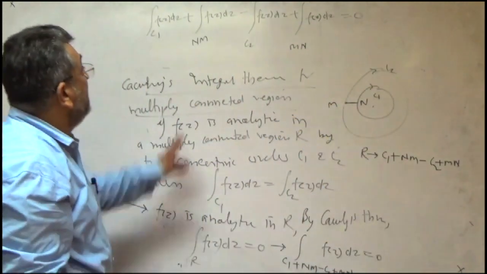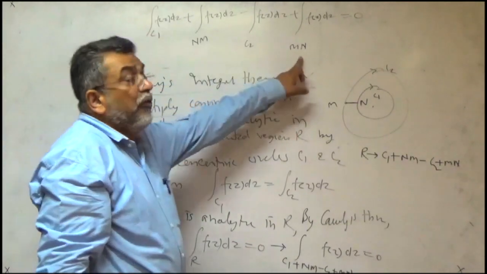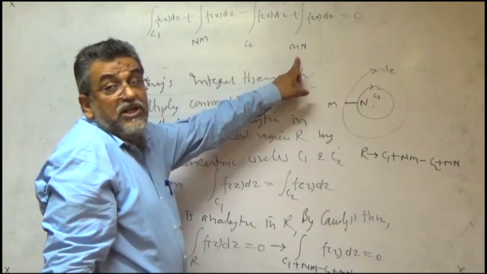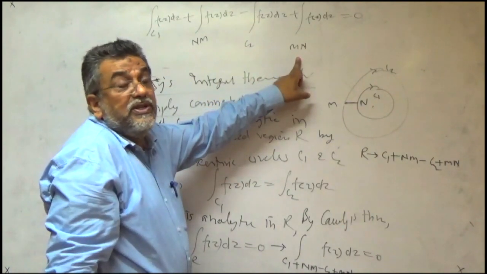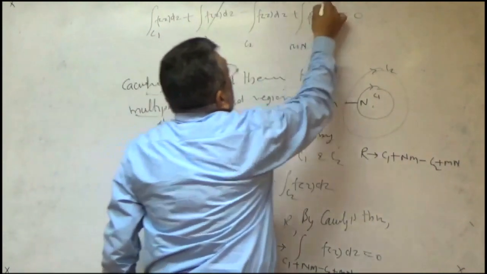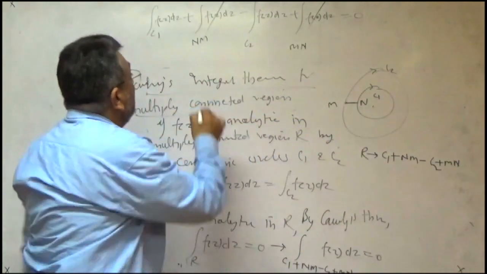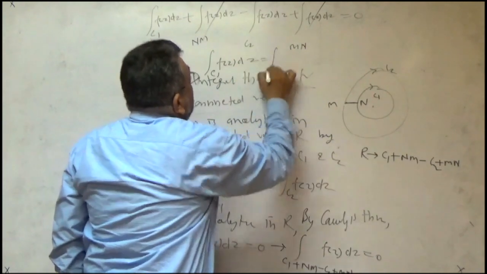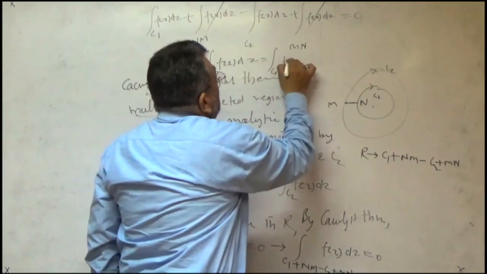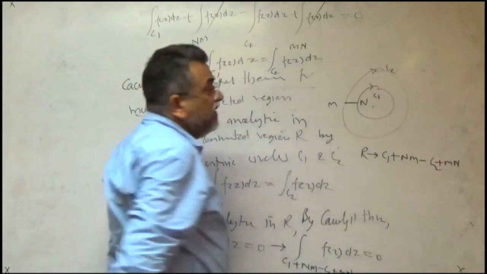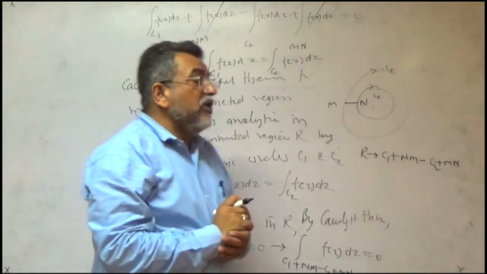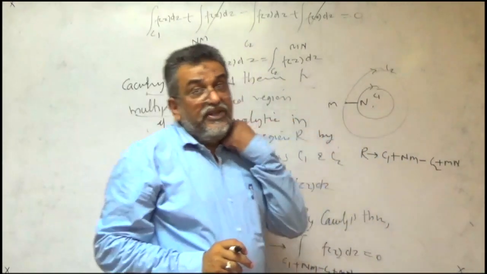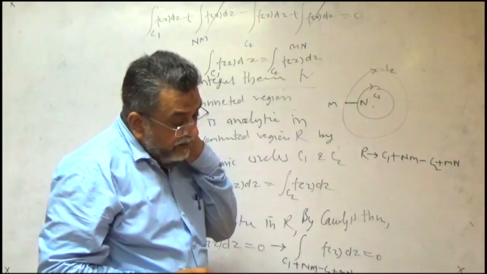You see that the second and fourth integrals are the same integral but with opposite signs. So the value will be equal but the sign opposite, and these two will cancel out. Transferring terms, we get our required result: the integral along C1 equals the integral along C2. That is the other statement of Cauchy's integral theorem for a multiply connected region. That was the first theorem of this chapter.